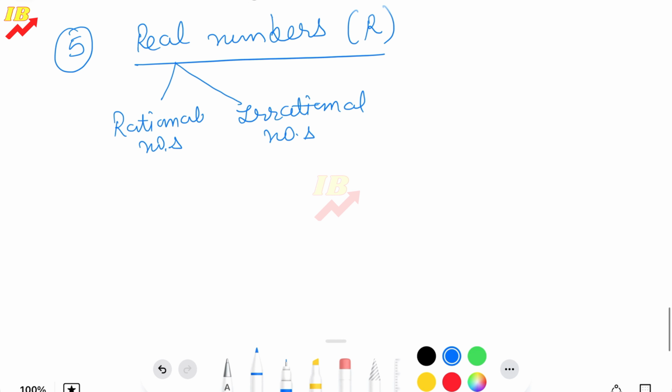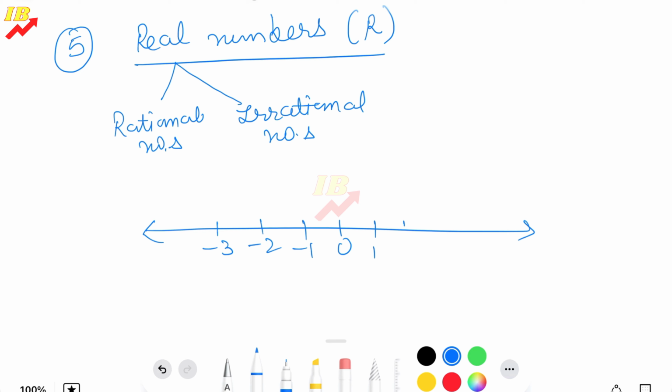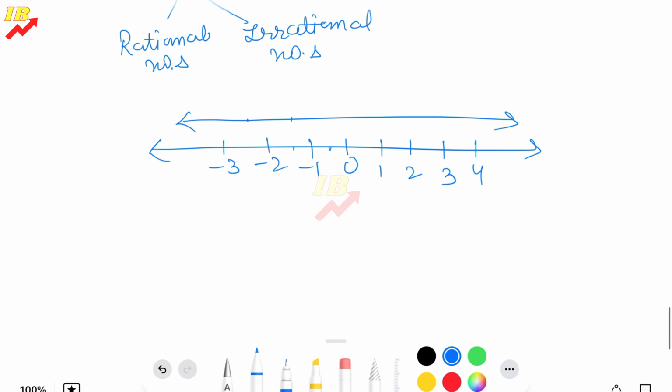That means all the numbers on the number line, whether it is positive, negative, 0, 1, 2, 3, any number, it will be going in both the directions. And even the middle numbers or these values are also included, right? Irrational numbers are basically the numbers which cannot be written in p by q form.